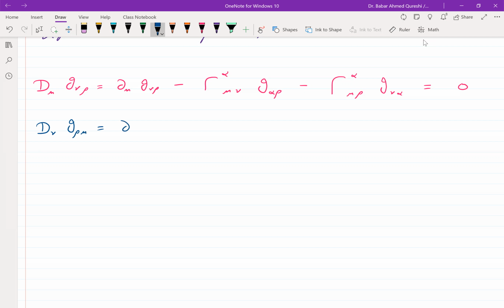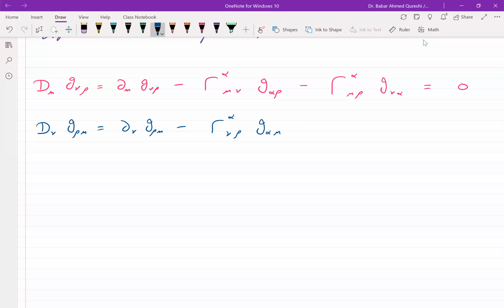Now I will ask you to just check that I am doing it correctly. Gamma alpha, nu comes here, rho comes here, and mu is slid over there.